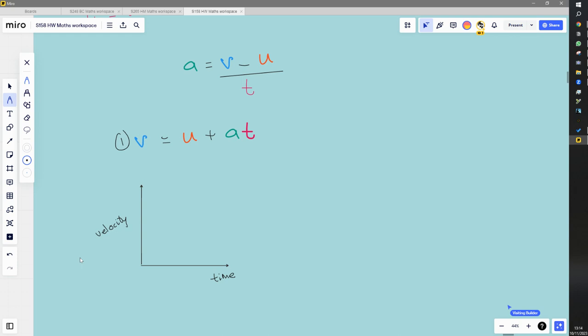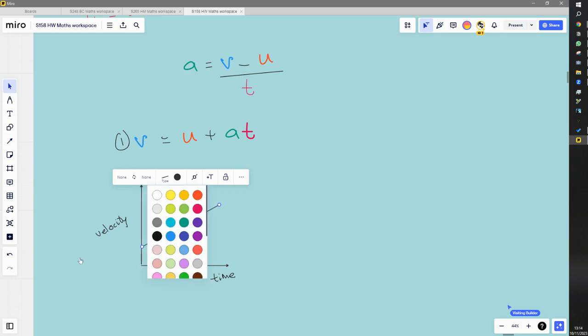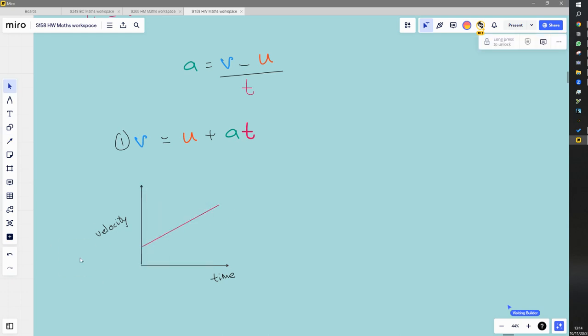And we're going to start at some velocity u, and we're going to accelerate upwards. We're going to increase in speed. So this point here on the axes would be our initial velocity u.